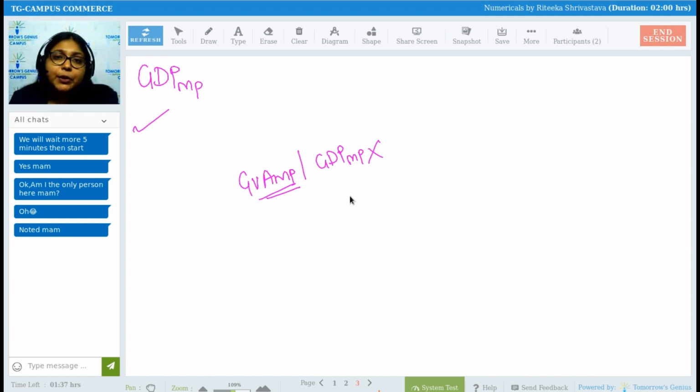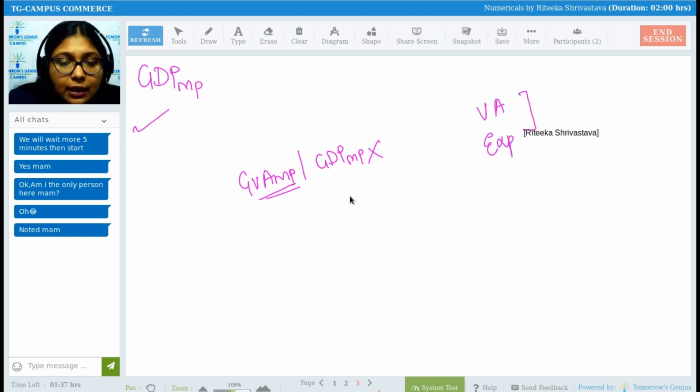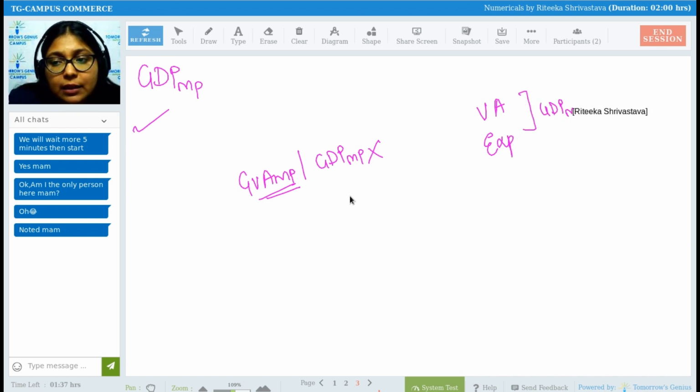So at that point of time, just imagine if they tell you to find out the value added method and expenditure method. For both, if you use the aggregate GDPMP, it will become very confusing for you all. If you are 100% sure that it will not create any confusion in your mind, then it's still fine. Then okay, you can go with GDPMP at both places.